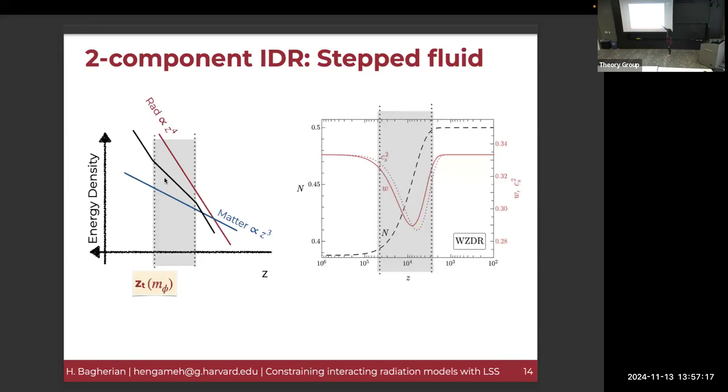And this looks like a step, which is why these two-component interacting dark radiation models are also called the stepped fluid, because by controlling the scale, you can control when you inject energy and increase the amount of dark radiation in your model. Another way of looking at it is that there's going to be a time as you're crossing this that you're redshifting kind of halfway in between radiation and matter, and that's going to help you.